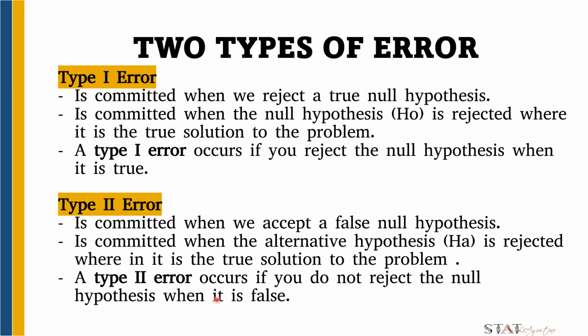A type 2 error occurs if you do not reject the null hypothesis when it is false. Your test resulted that there is no significant difference when actually there is. So you've committed a type 2 error.